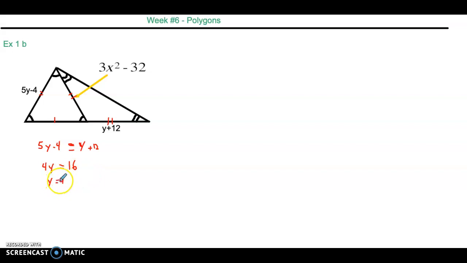That's super. Now, we still need to solve for x. Okay, this is part of our answer. So, if y is 4, y plus 12, so 4 plus 12, is 16. These 2 sides are the same, so that means this side is 16. So that's what we're going to do, set this equal to the 16.